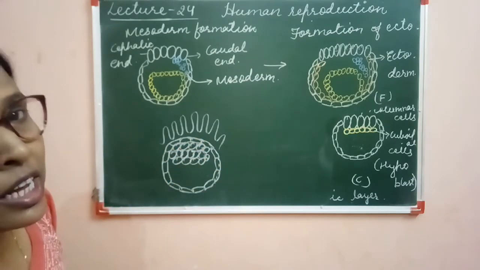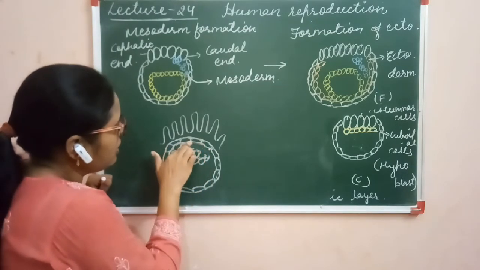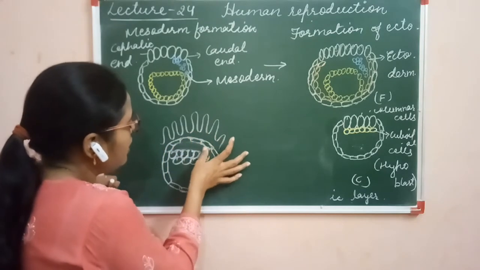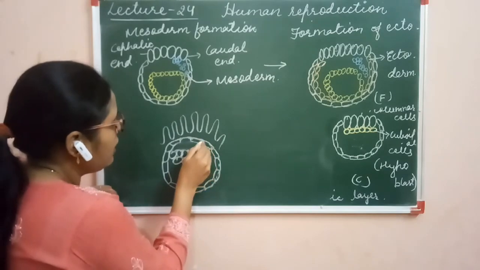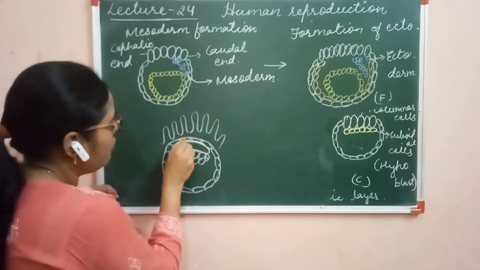So after the degeneration of Rauber's cells, here a cavity is developed.